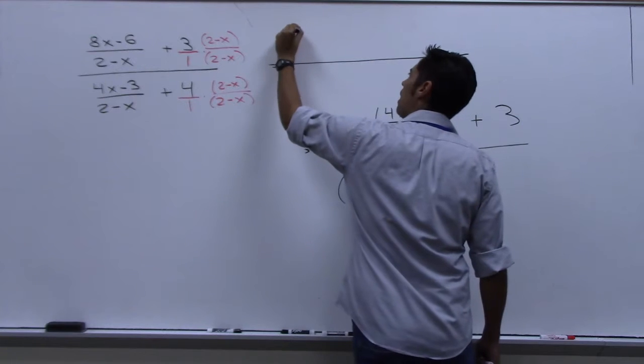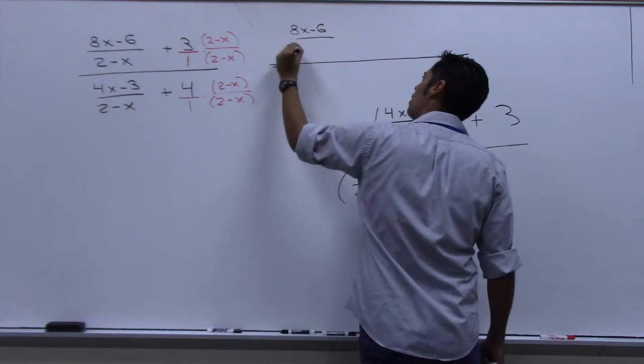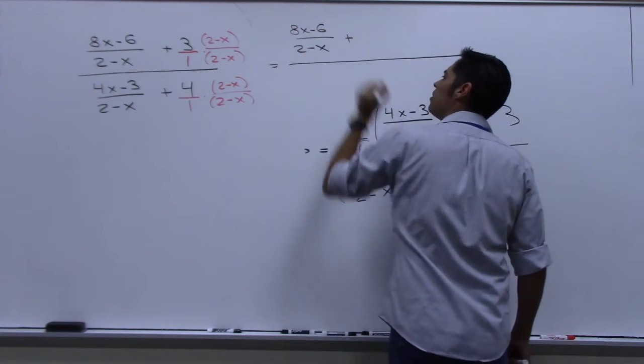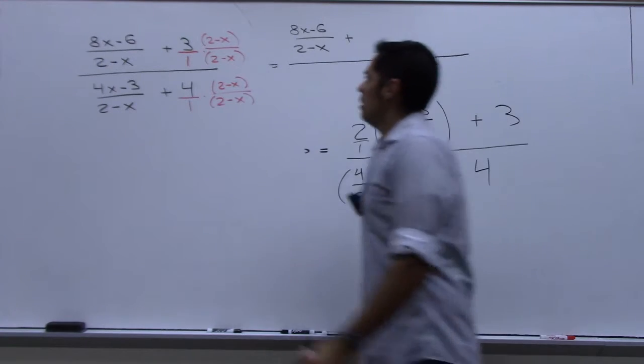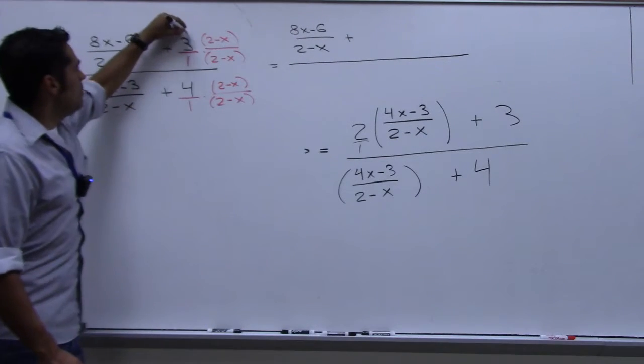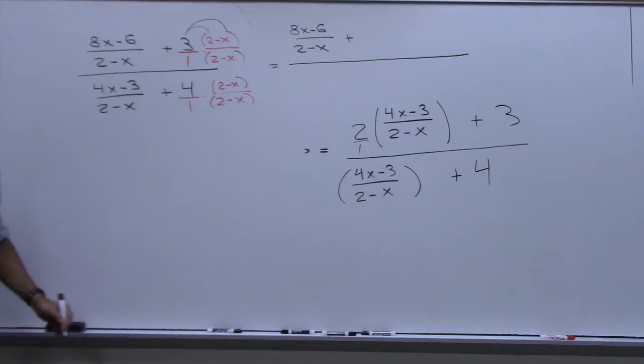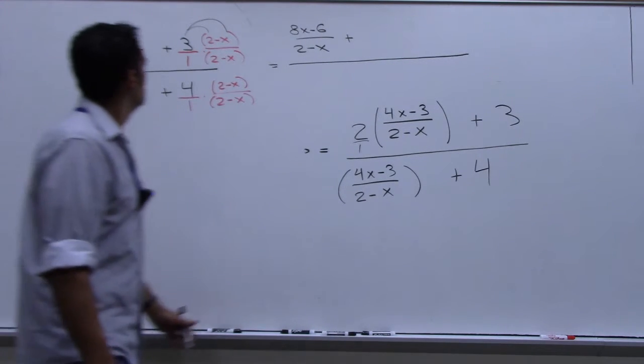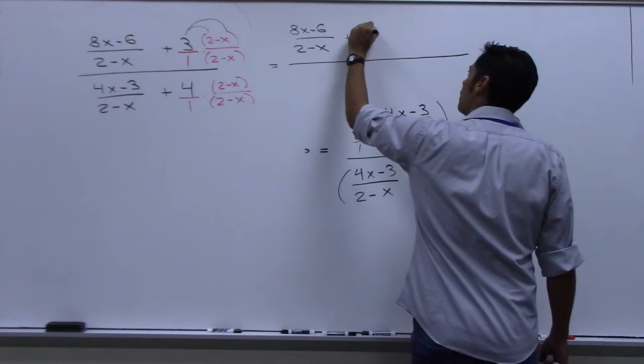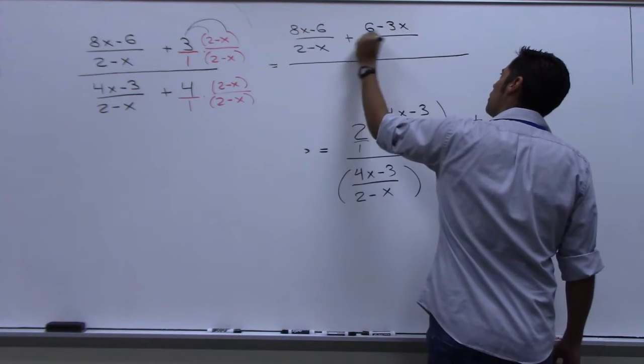So we get 8x minus 6 over 2 minus x plus. Now distribute the 3 through the top. 6 minus 3x. Yes? Over 2 minus x.